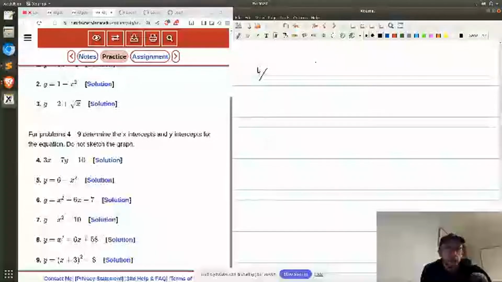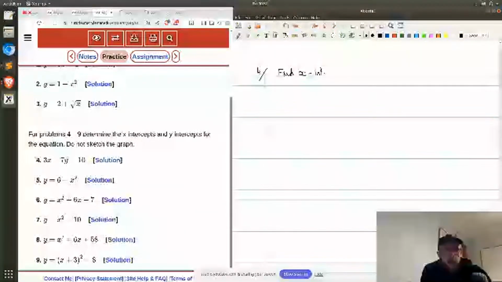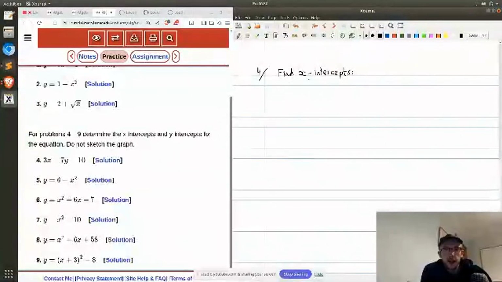Okay, so to find x-intercepts, just plug in 0 where y is, like so.